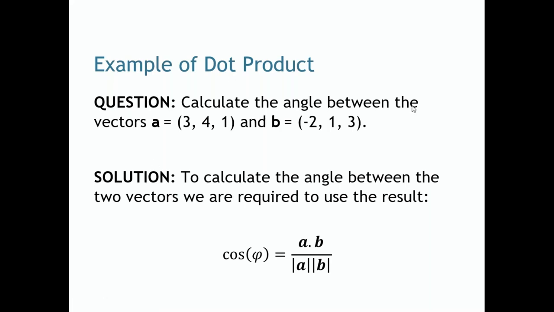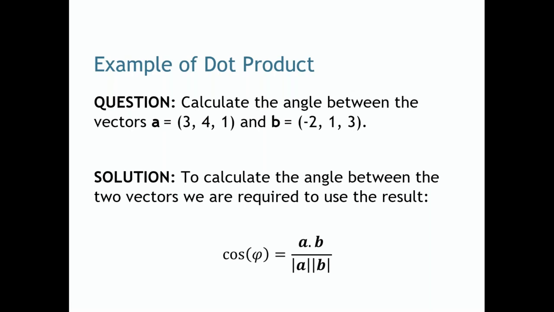This question: calculate the angle between the vectors A equals bracket open 3, 4, 1, and B equals bracket open minus 2, 1, 3. If you can screenshot it, please screenshot it. It's an assignment, and please do it and submit it to safetybliss@yahoo.com.